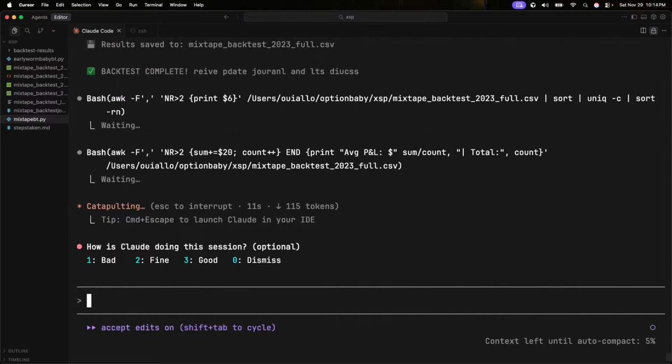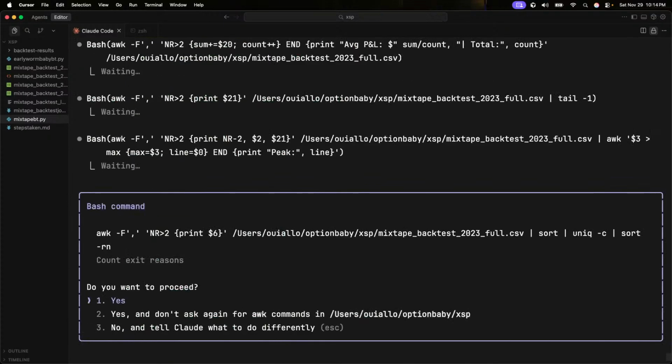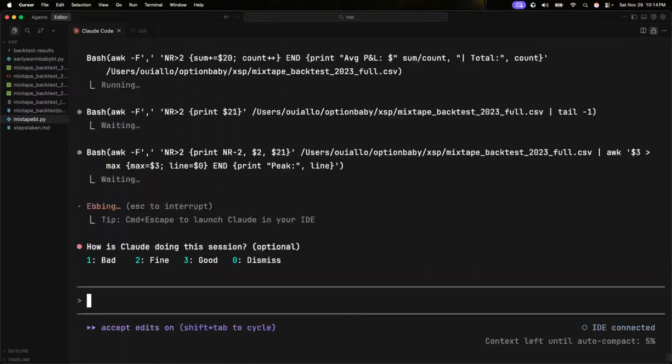All right, perfect. So what it's doing right now is updating our journal with the results of the backtest, and then let's gauge how well that has worked.